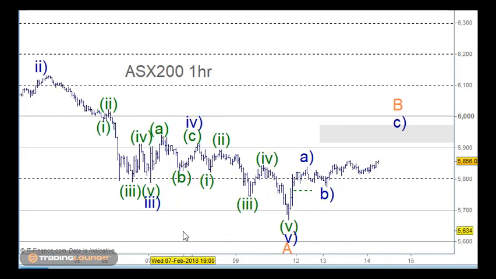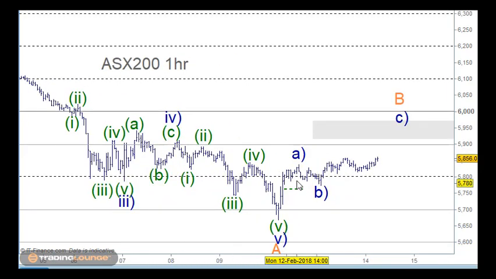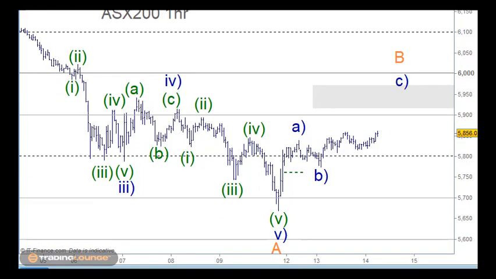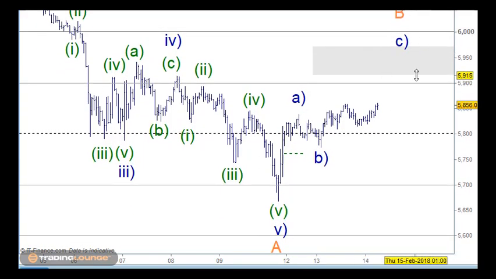So basically what we're looking at here is a move up as an A wave and a B wave and a C wave moving up into this area here, the 50% retracement level and the 61.8%, a little bit higher here. Obviously these tops and this number here is where we're going to see the market struggle somewhat.